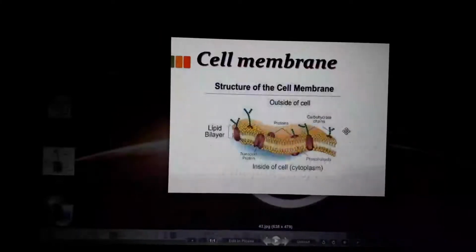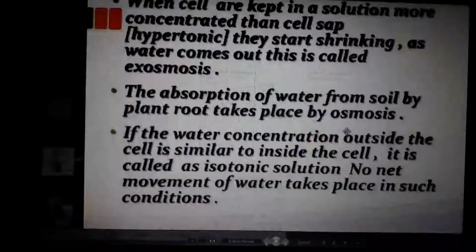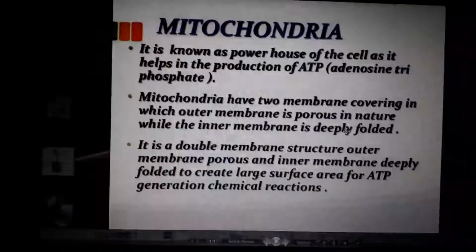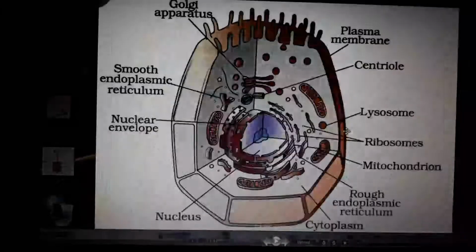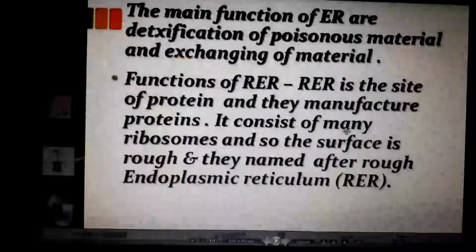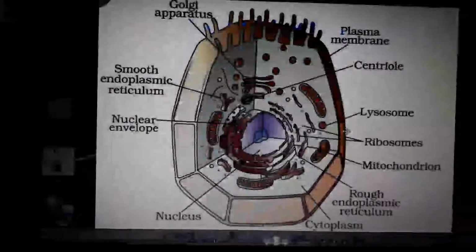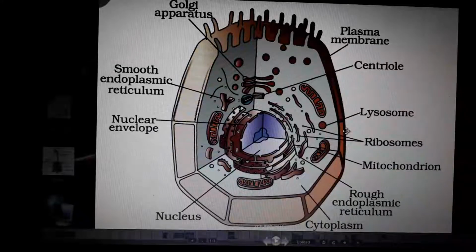Ribosomes are mostly not in our textbook. Okay, leave it. So let us conclude: the plasma membrane makes it possible that oxygen or carbon dioxide or water will go in or go out.